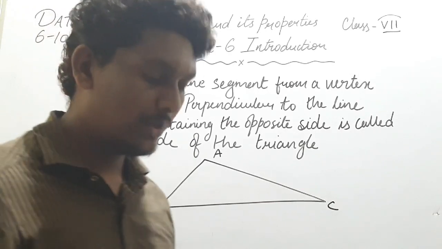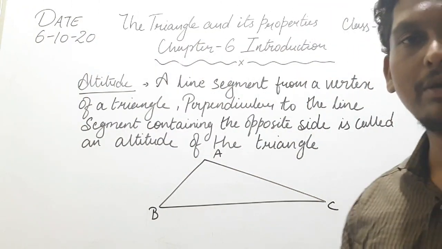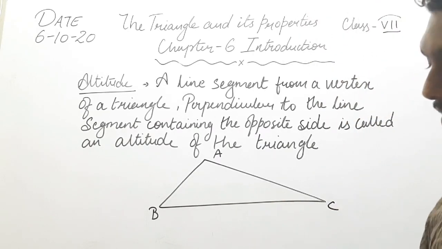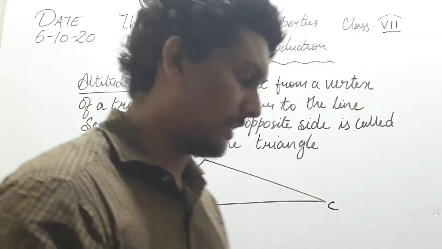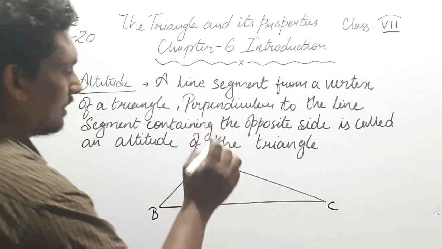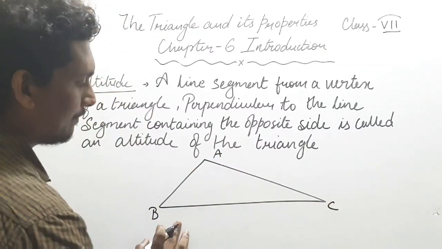Okay, now I am going to tell you in one figure how it is different. First I am going to tell you about the median. Median means a line segment starting from the vertex and joining the midpoint of the opposite side, right? Midpoint means the center point of this BC.